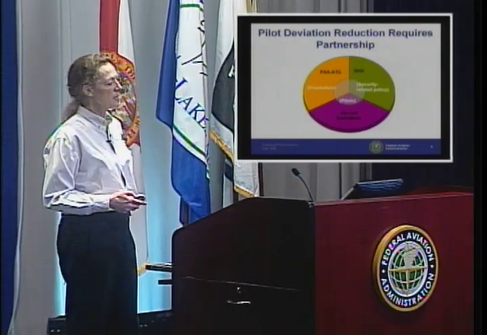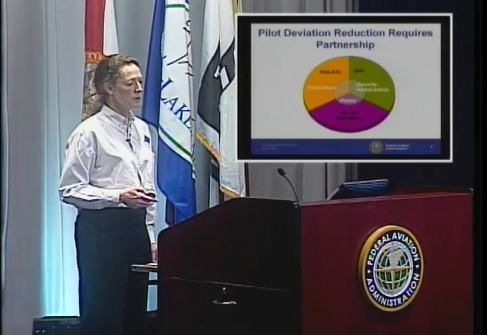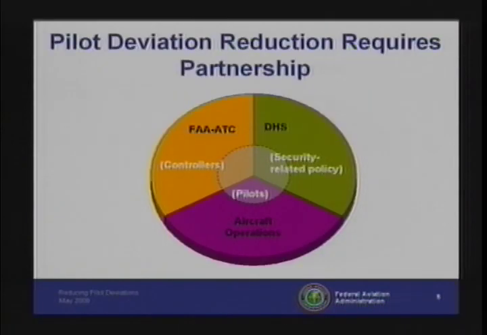Pilot deviation reduction requires partnership. The controller's primary responsibility is the safe, expeditious flow of traffic. The Department of Homeland Security's responsibility is to monitor traffic and ensure that there's protection of persons and property.